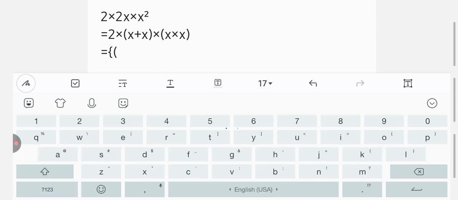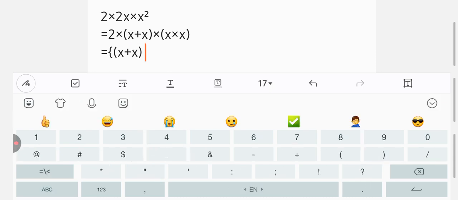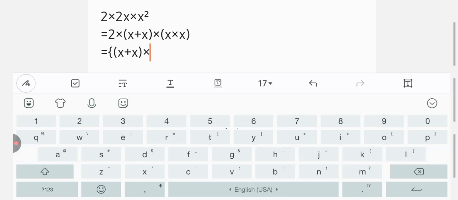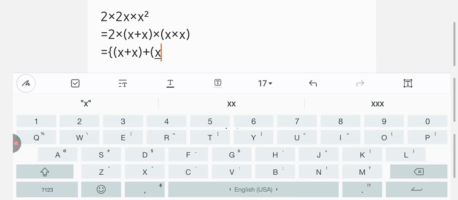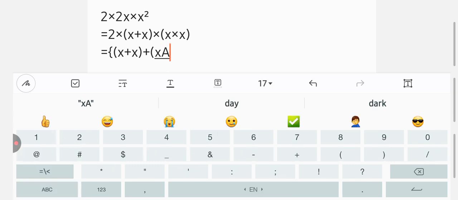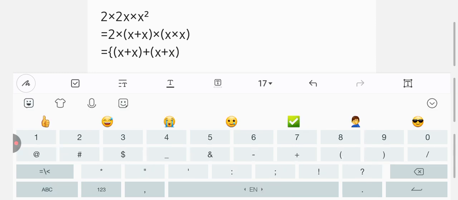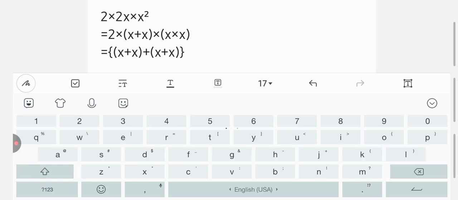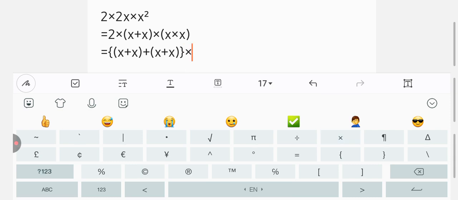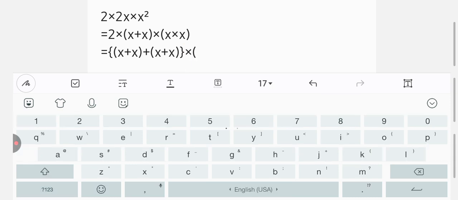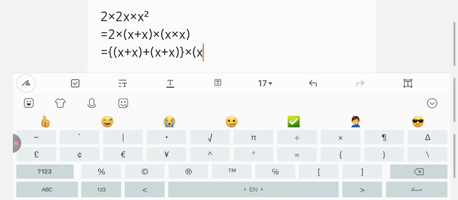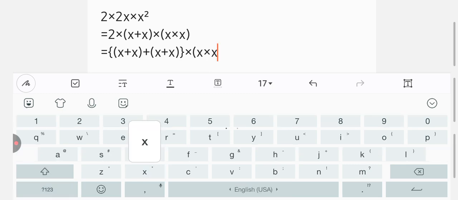Now you get x plus x, times, plus x, plus x, times x, times x.